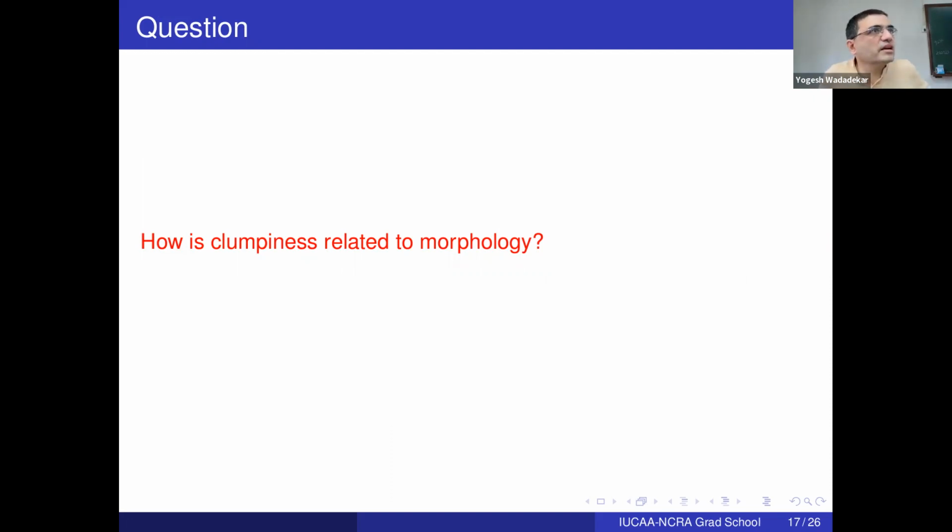And what will be the clumpiness of a perfect elliptical? Yeah, it will tend to 0. Okay, it will be very close to 0 because the smoothed version and the original version would be very similar to each other. If you subtract one from the other, you'll get 0. And then the numerator of this equation becomes 0. So clumpiness will become 0.